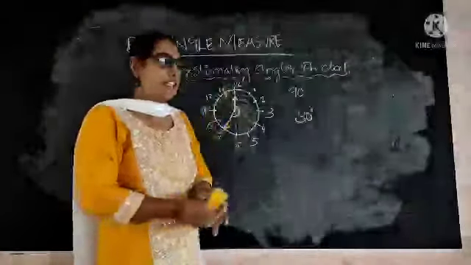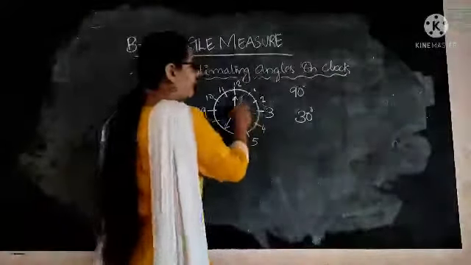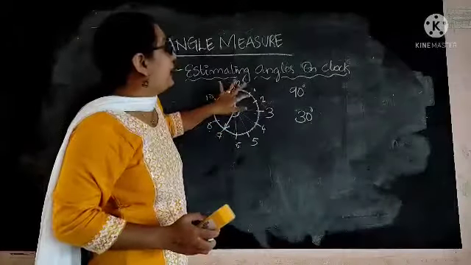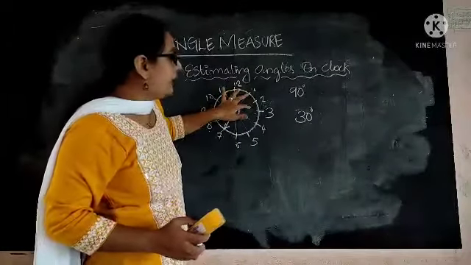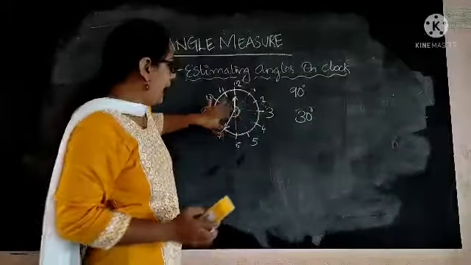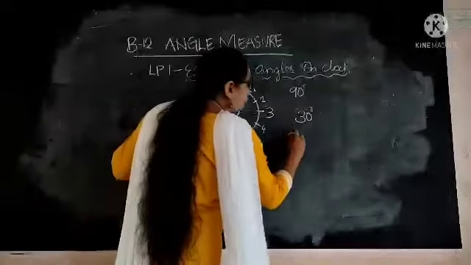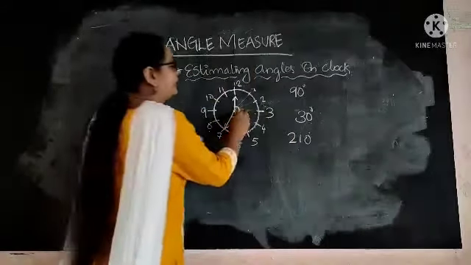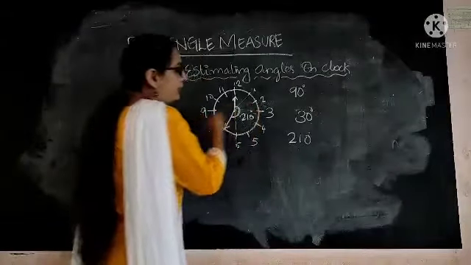So 7 divisions are there. One division is 30, so what about 7? 30, 60, 90, 120, 150, 180 and 210. So the angle made here is 210 degrees.